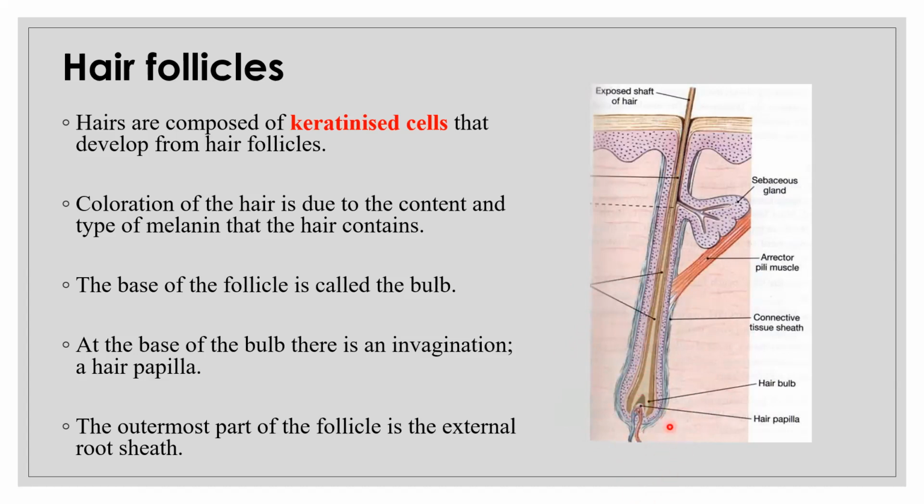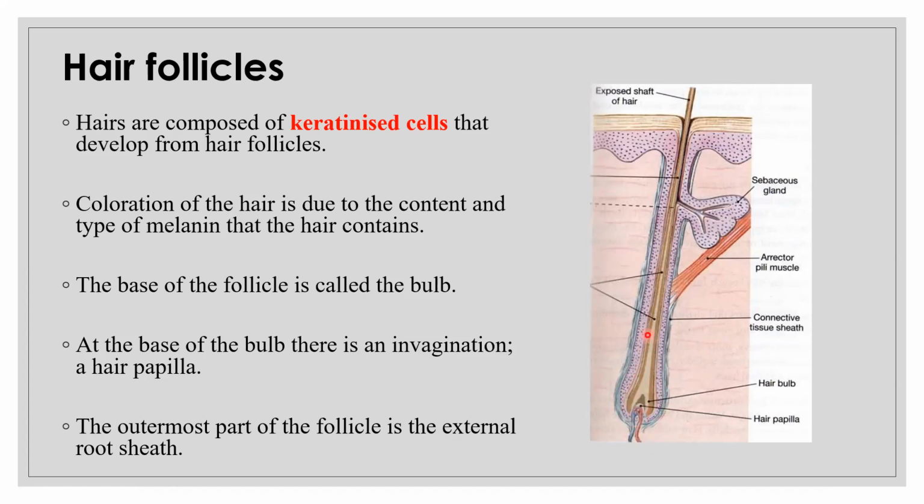The base of the follicle is called the bulb. This is the brown hair. The base of the hair is called the hair bulb. At the base of the bulb, there is an invagination, the hair papilla.